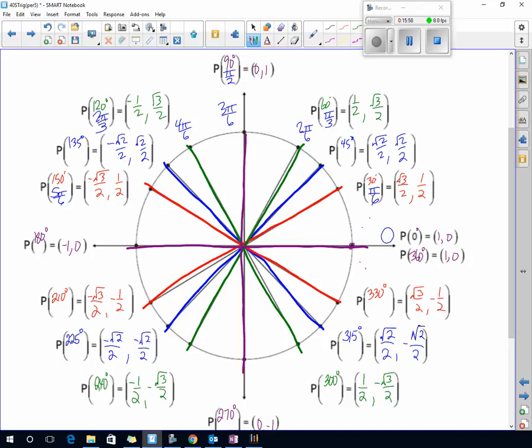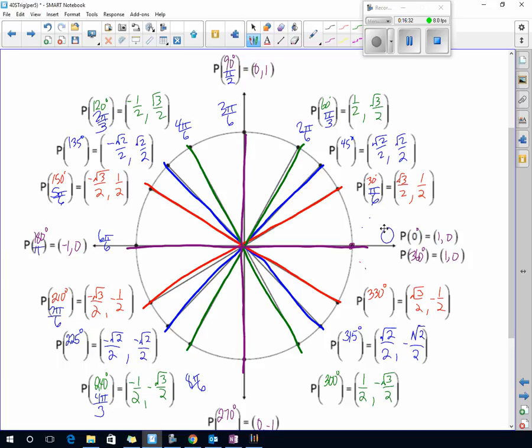Then if I go another pi over 6, I'm at 7 pi over 6. So I'm right here at red. I go another pi over 6, I would be at 8 pi over 6, which again reduces to 4 pi over 3, yes. I travel another pi over 6, I'm at 9 pi over 6, which reduces to 3 pi over 2.